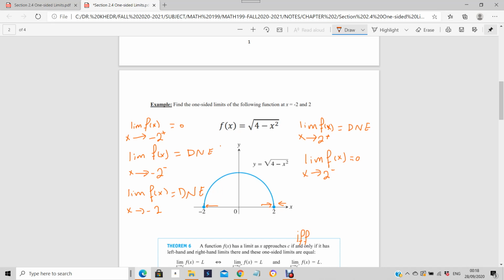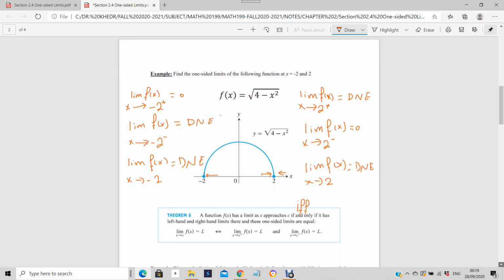One has a value of 0, and the left side limit does not exist. The same thing here at x equals 2. Lim f of x as x goes to 2, also D N E, does not exist. So for the limit of the function as x goes to c to exist, both one-sided limits should be equal to each other.